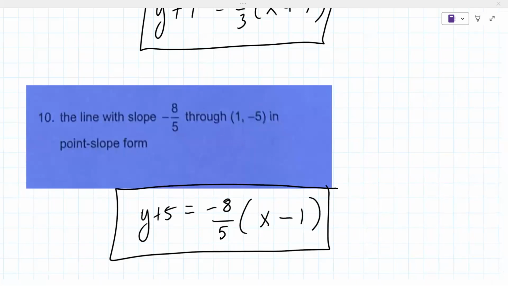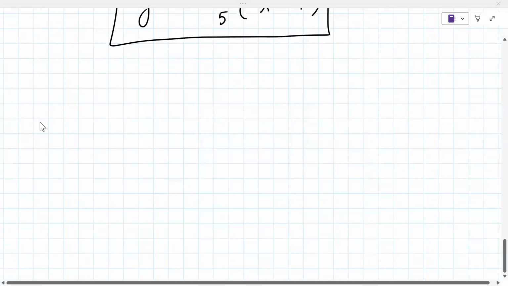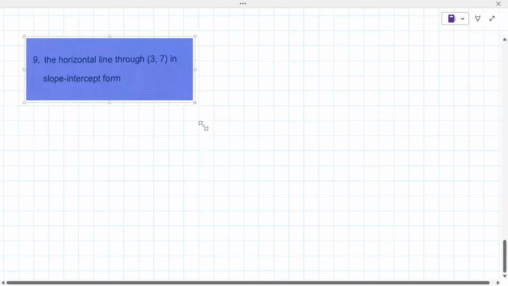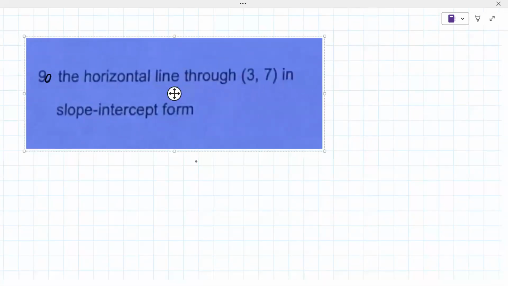Okay, we're going to look at 9, and I'm going to call it 9A because I want us to do both possibilities. That way, when you see the other, you're not surprised. All right. So the horizontal line.